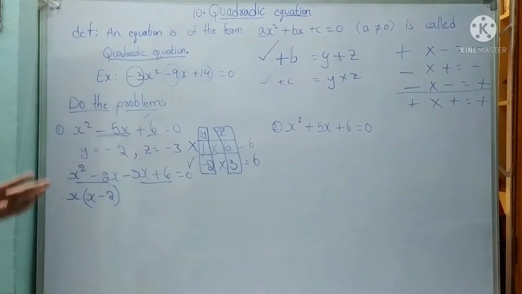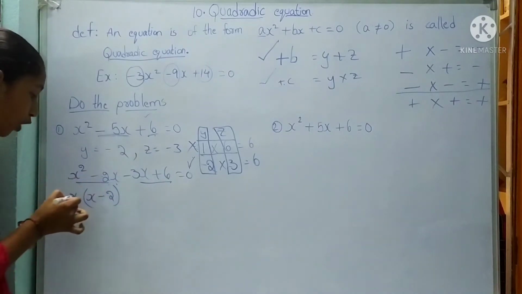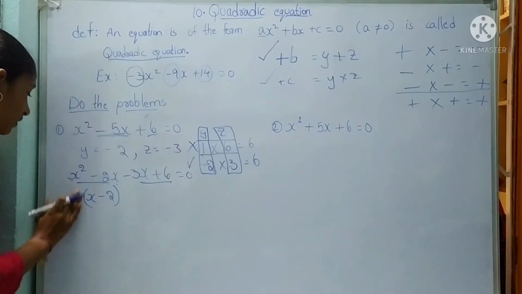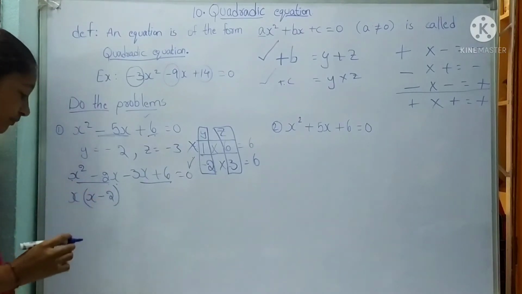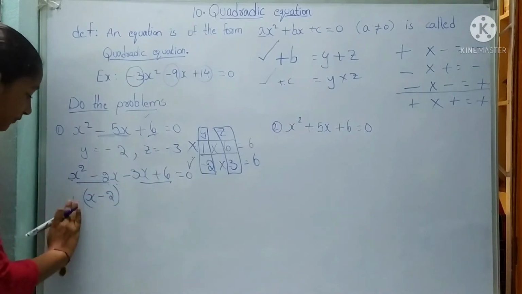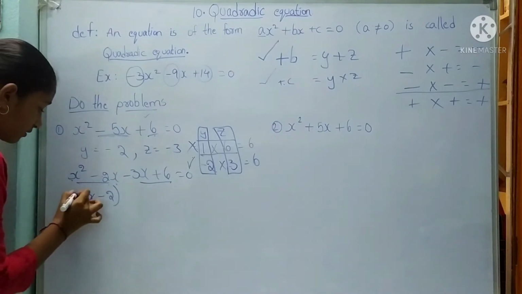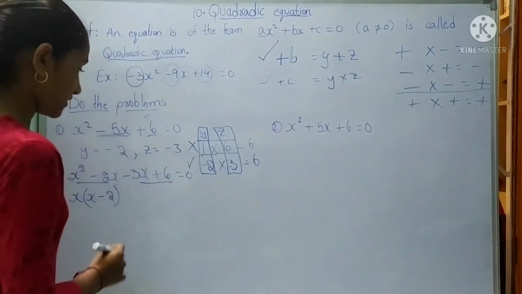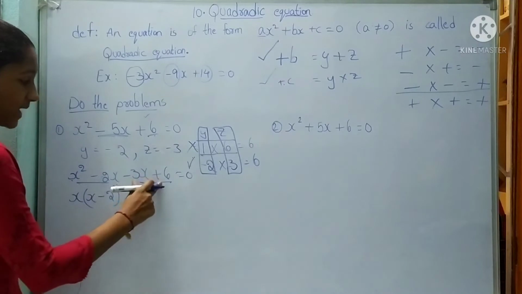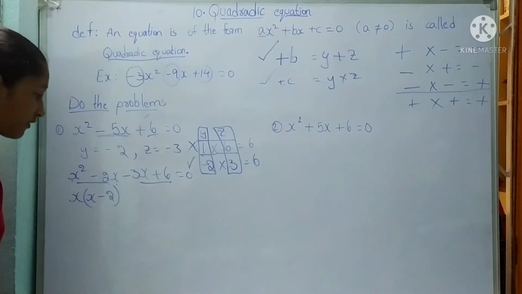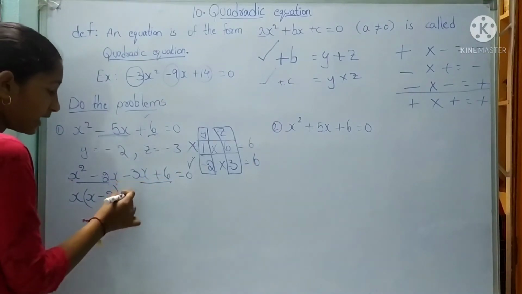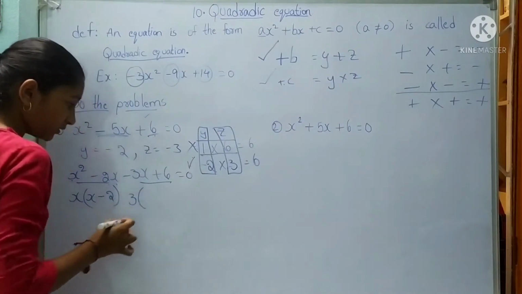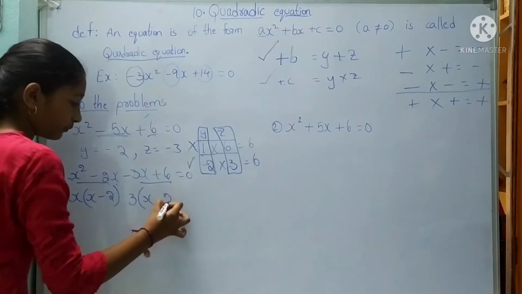So here in the 2 terms we have the common thing x, so that's why I am taking x as the common. And in this problem, wait, I will write it neatly, clearly. So in this problem, minus 3x plus 6. What is that? Minus 3x plus 6. So do this also very carefully. Minus 3x means here I am taking 3 as common, x and 2.